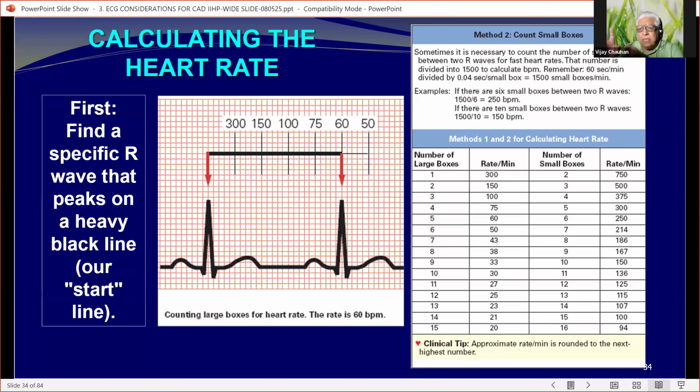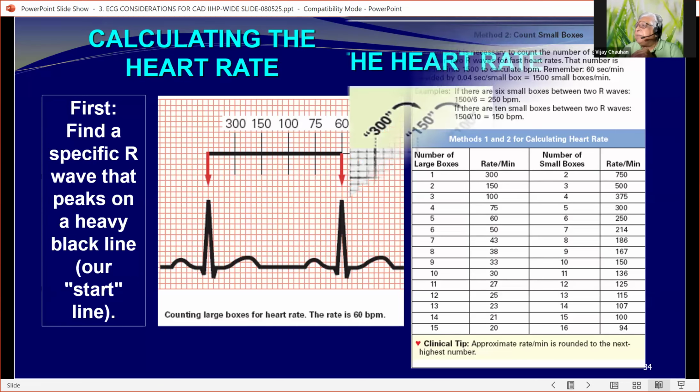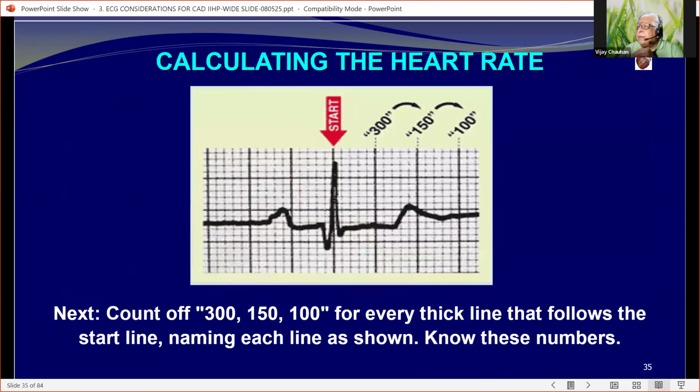We have to remember one method, and that becomes good for us and easy for us to recall. Otherwise, you can create a mental picture: if R wave could have been here, 300 beats per minute. If R wave could have been here, 150 beats.